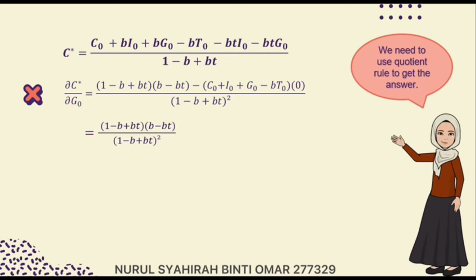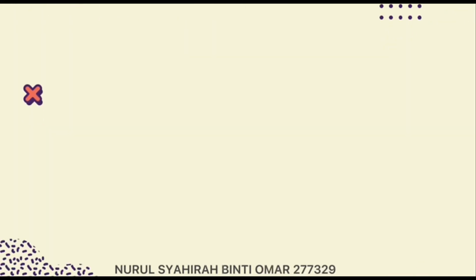So the answer is B minus BT divided by 1 minus B plus BT. And to make the answer look neat, we can simplify to B in the bracket of 1 minus T divided by 1 minus B plus BT, which is more than 0 and positive.